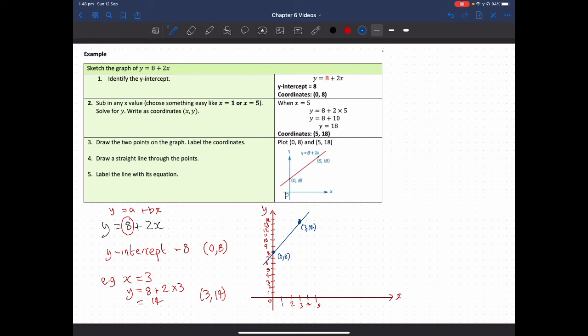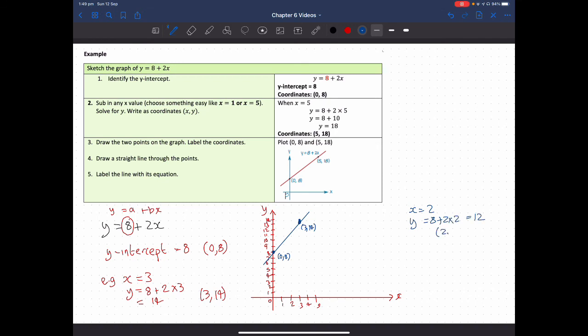In the example you've been given, they didn't use the point 3, 14. They used another point. They used the point 5, 18. If I extended my line, 5, 18 would also be on the straight line. If I used, for instance, x equals 2, I would get y equals 8 plus 2 times 2, which is 12.